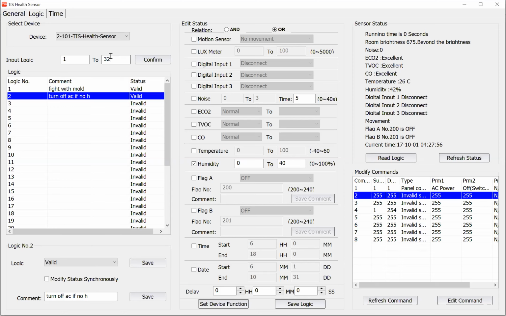Turn on the air conditioner when your environment is humid, and turn off the air conditioner when it's dry. Okay, is it good? Do you all understand?